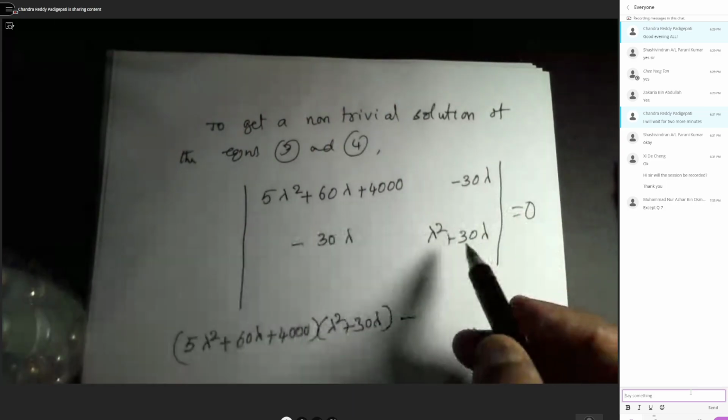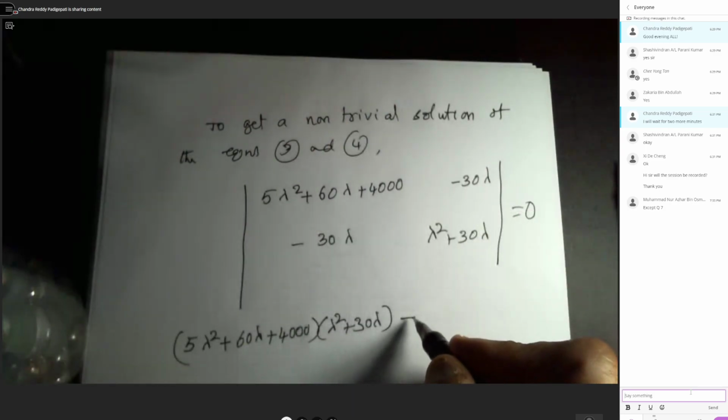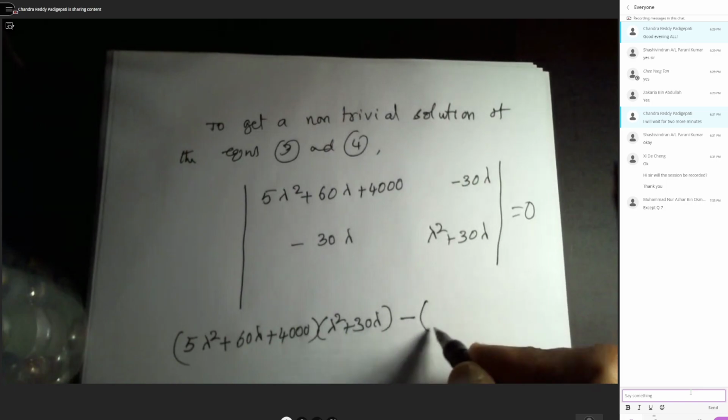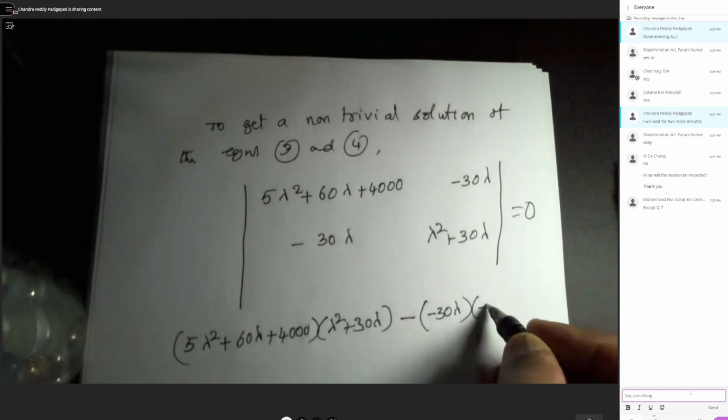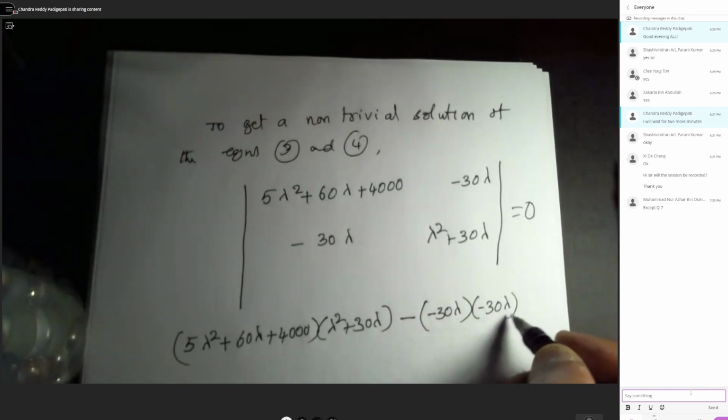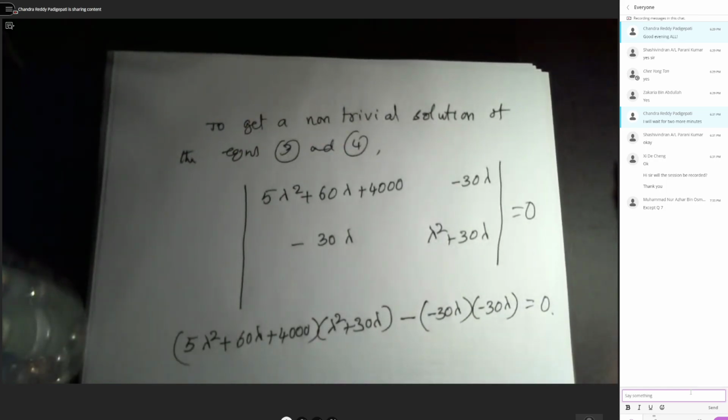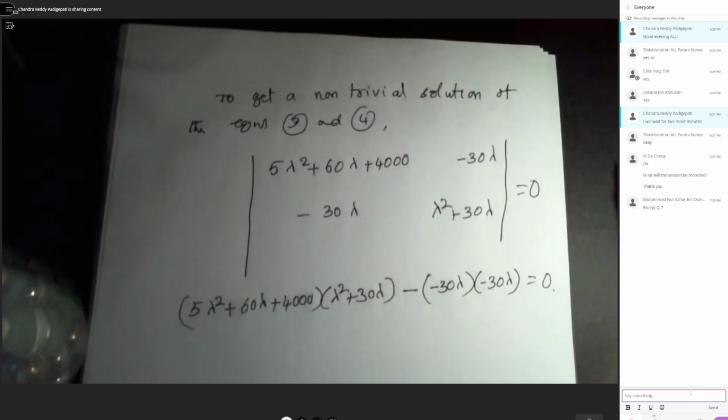Okay, so this becomes minus of minus becomes plus. Minus 30 lambda minus 30 lambda is equal to 0. Okay, so simplify this equation.